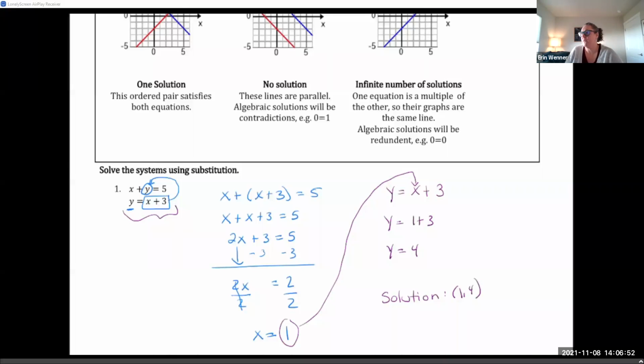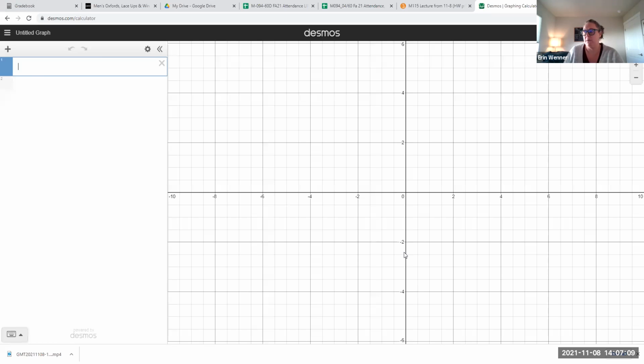Now, how does this relate to what we were doing? Instead of graphing these by hand, I'm going to use Desmos, which is a way to graph them visually. If I use my first equation, x plus y equals 5, it gives me this line, right?